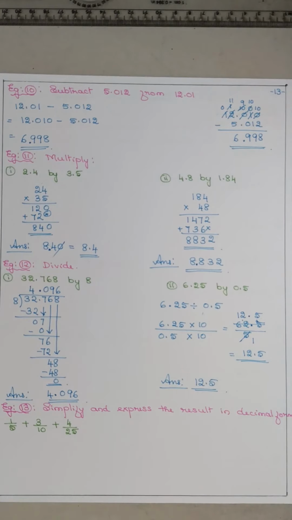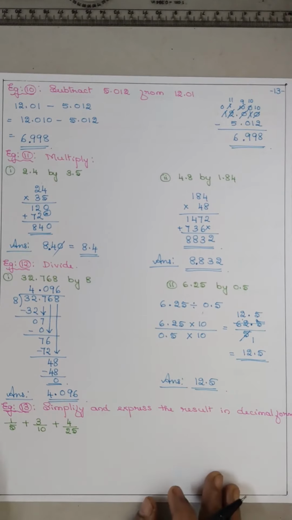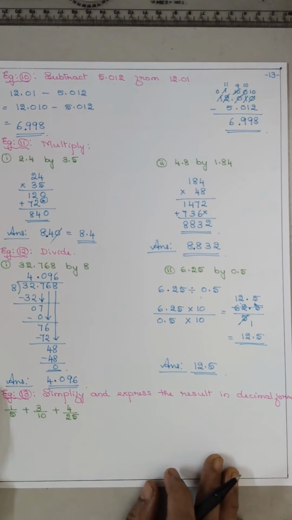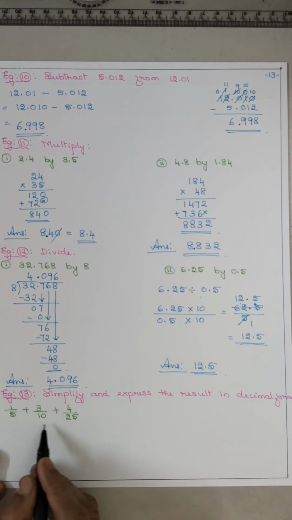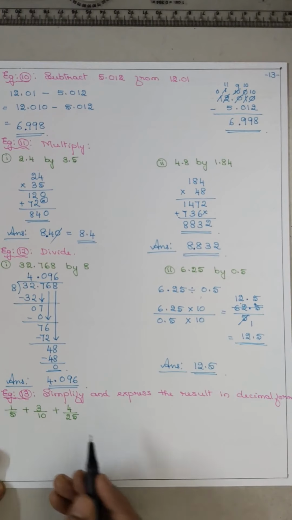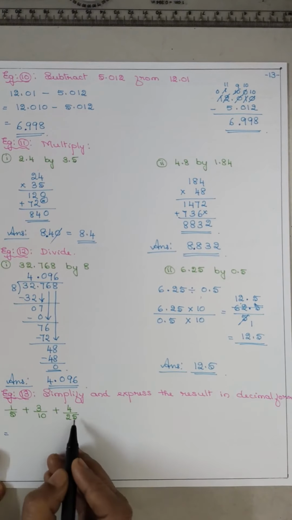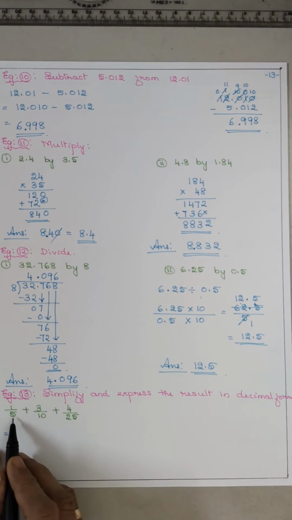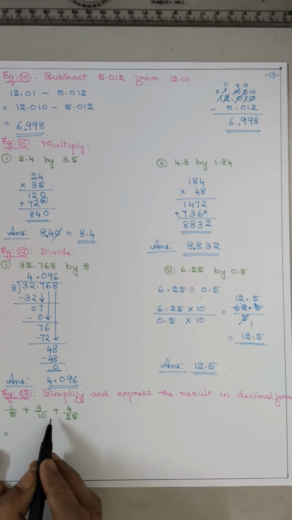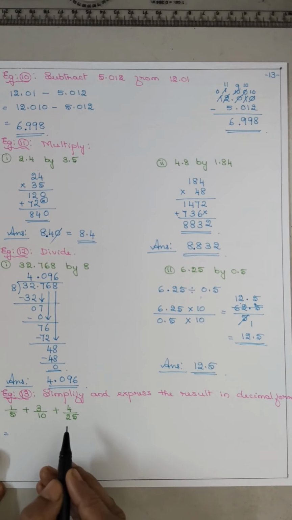Okay. Now coming to simplify and express the result in decimal form. Now it is a rational number, isn't it? But you have to solve and write it in decimal form. So first we have to take the LCM. It is a fraction, so LCM. How to find the LCM? The biggest number is 25. 25 ones are 25. Yes, 5 okay, but 10 no. So 25 twos are 50.